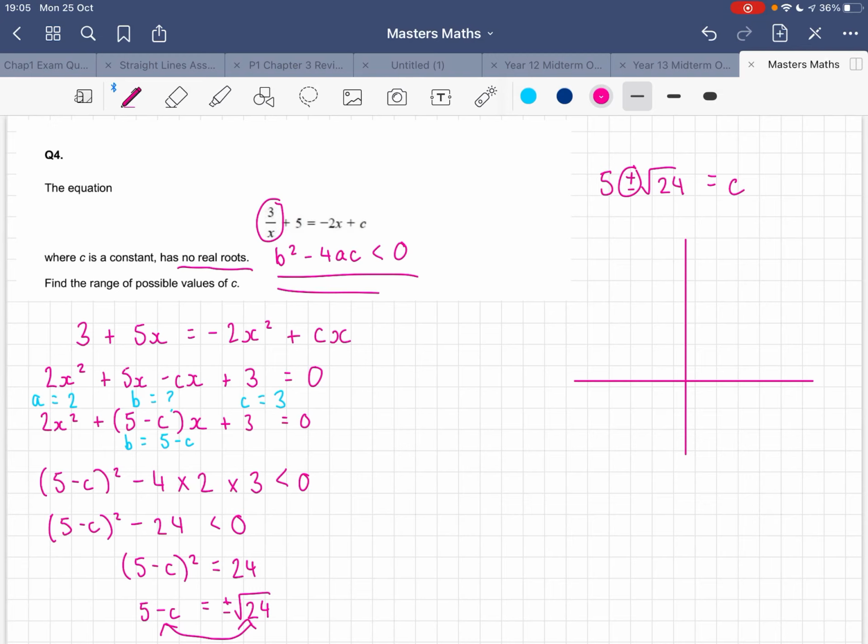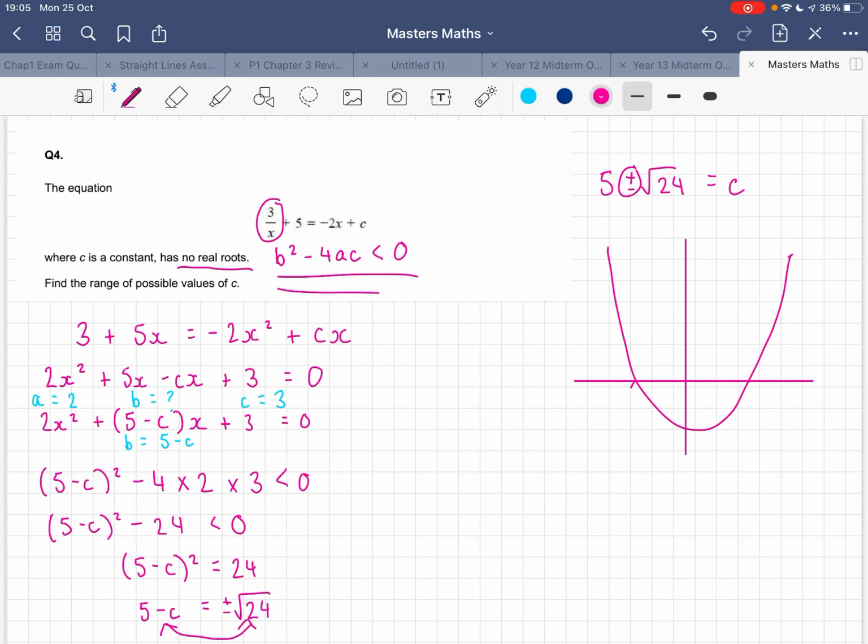If I were to multiply the (5 minus C) squared bracket out, C would end up as a positive square, because negative C times negative C would give positive C squared. So it is going to be a positive quadratic. It's going to look like that.